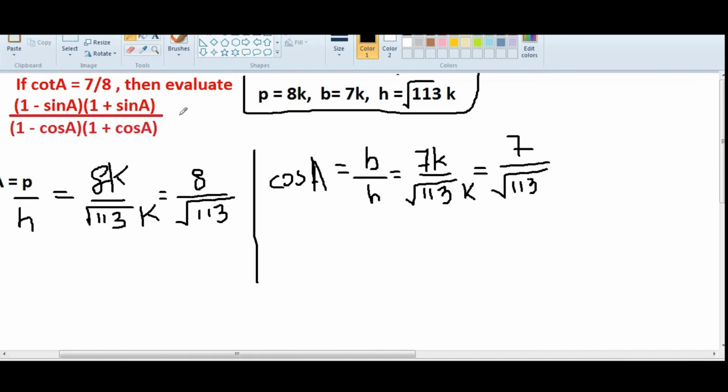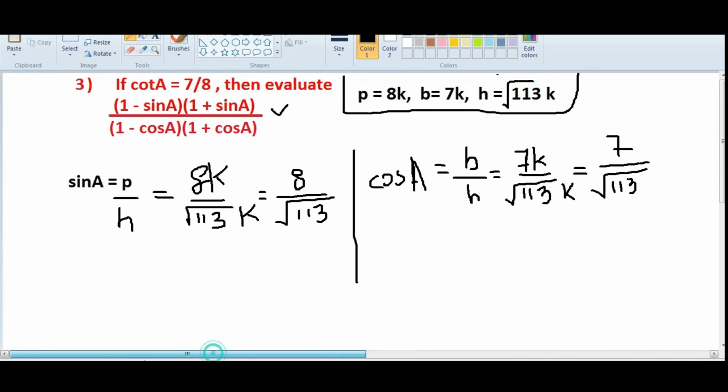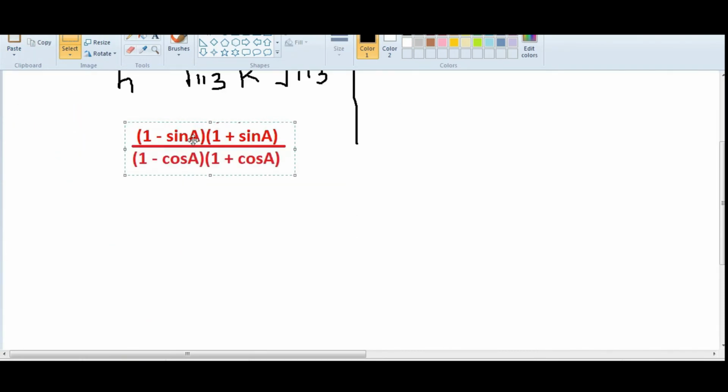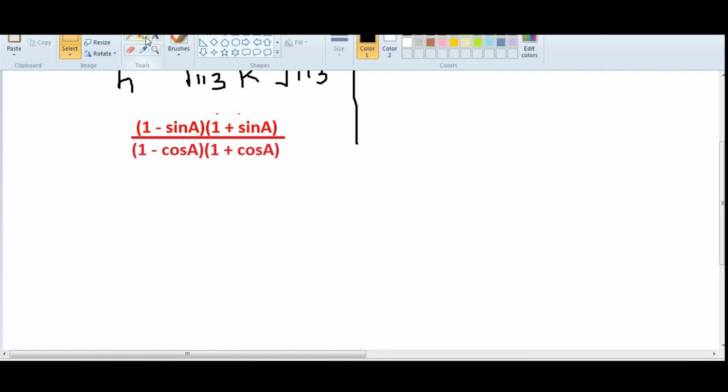Now we have to find the entire value of this expression right over here. So let's copy the expression here. I have already copied. Okay, so now let us move on to the next part. At first you can see over here 1 minus sin a multiplied by 1 plus sin a, and the same goes for the denominator part also. So we are getting one formula from algebra we studied in class 8 and 9 standard, that is a plus b into a minus b, that is a square minus b square.